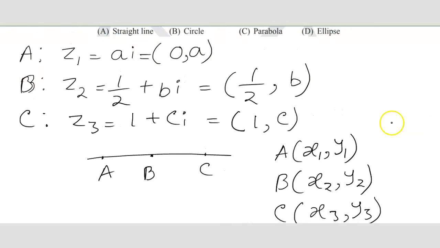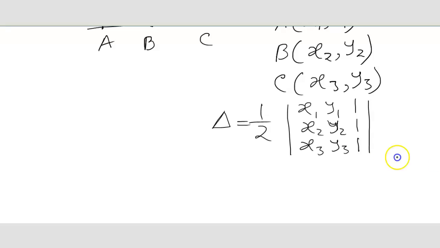Now in our case, we can notice that A, B and C are collinear points. It means that they cannot form a triangle, or if they form a triangle, the area of the triangle will be 0. We will use this formula to find a relation between a, b and c. Let's apply the formula.